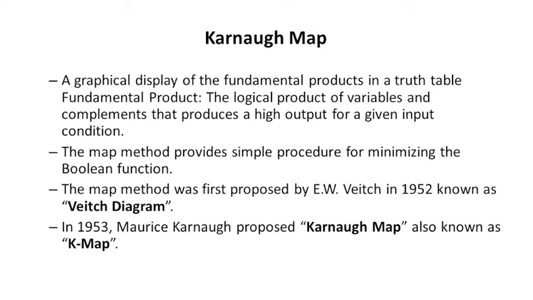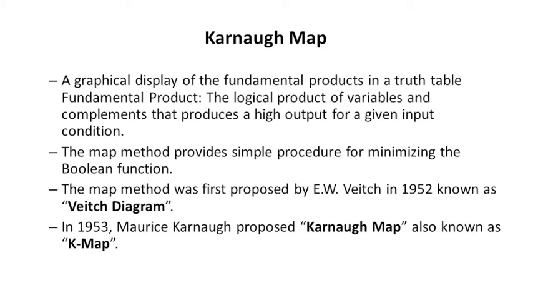Next in the simplification of the Boolean expression is the Karnaugh map, a graphical display of fundamental products in a truth table. The fundamental product, the logical product of variables and their complements, produces a high output for a given input condition.